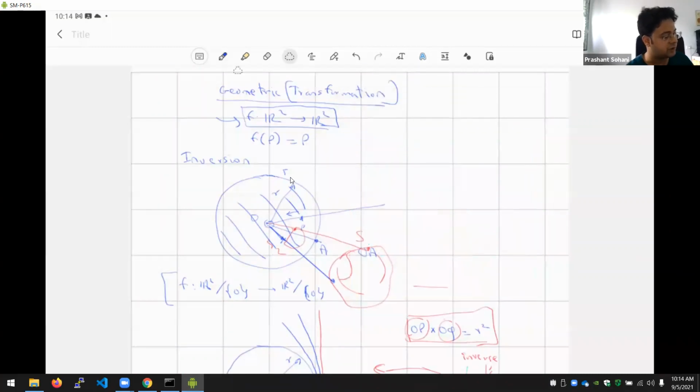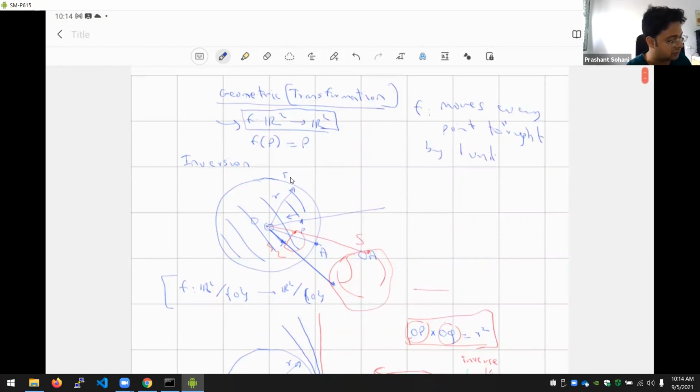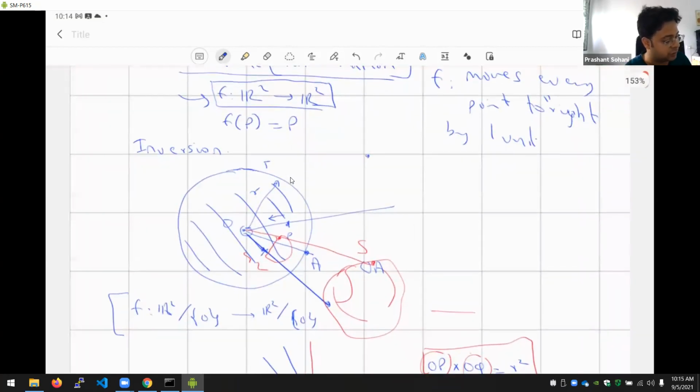Let us take some very simple transformation, like a function f which moves every point to the right. What is right is not clear, but I just say to the right by 1 unit. Let's say this graph paper square is 1 unit for me.